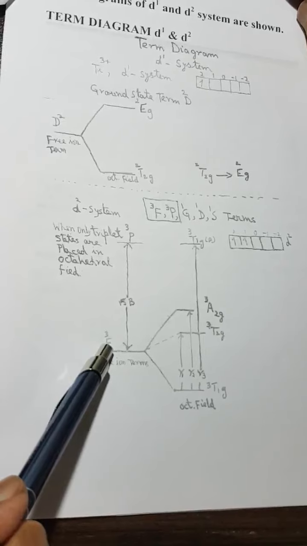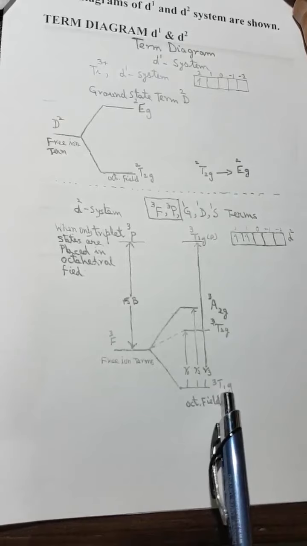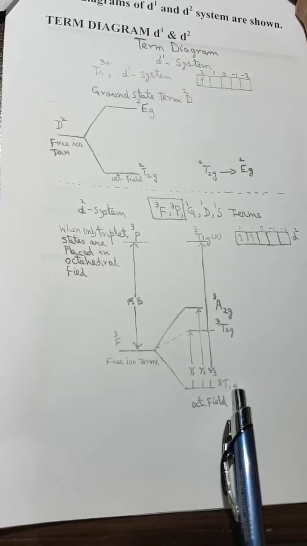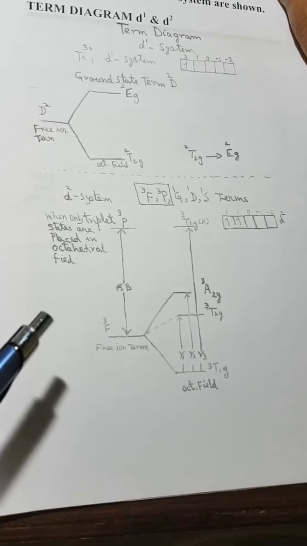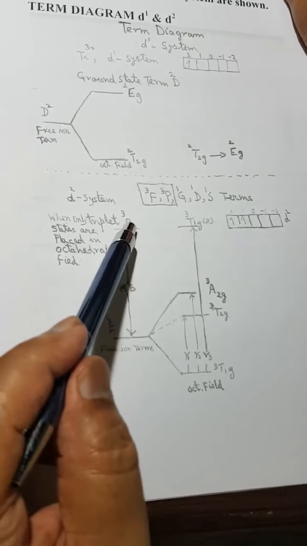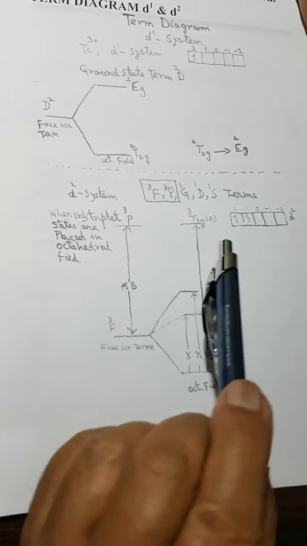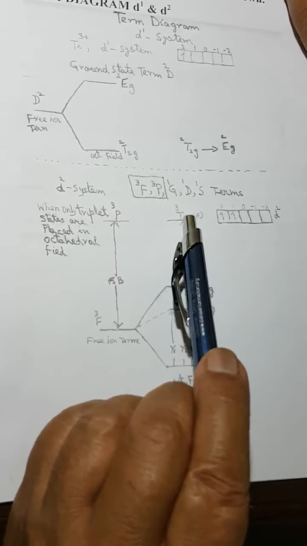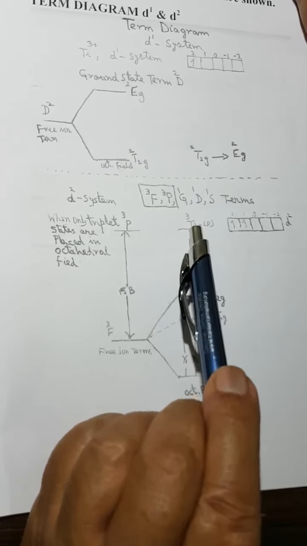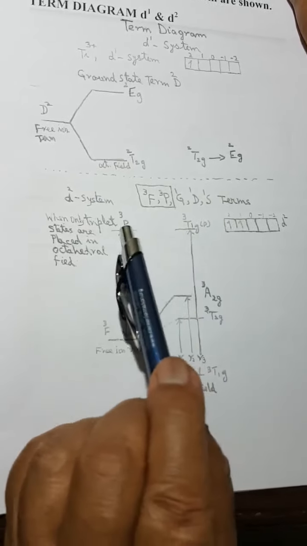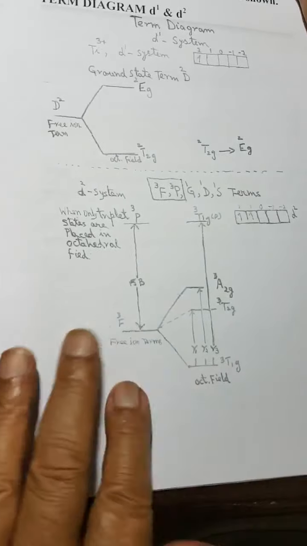As you know, the orbital degeneracy of F is 7: 3 plus 3 plus 1 is 7. Similarly, this is triplet P. It does not split, it stays the same. It becomes T1G, the group theoretical term, and it comes from P. So this is the term diagram of D2.